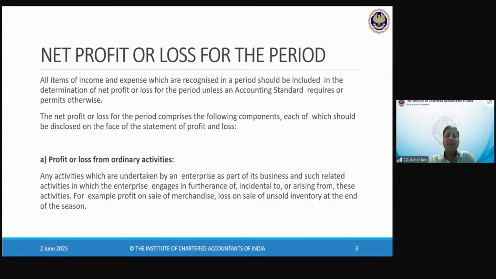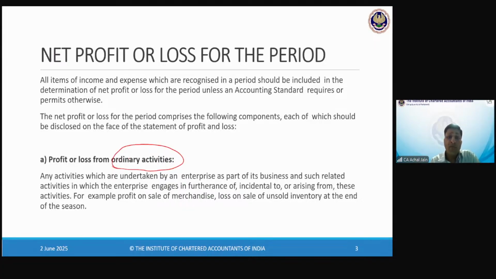Now, in relation to this net profit or loss, one is your profit or loss which you get from the activities which are the core activities, or which is in the normal course of business. So any profit, any loss which is generated by the entity in such a scenario, what do you call it? From ordinary activities.